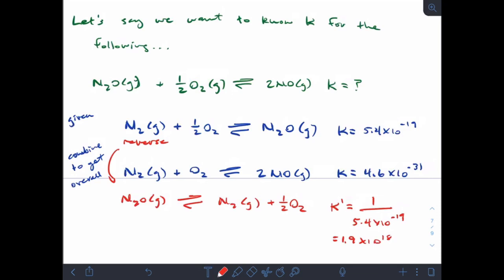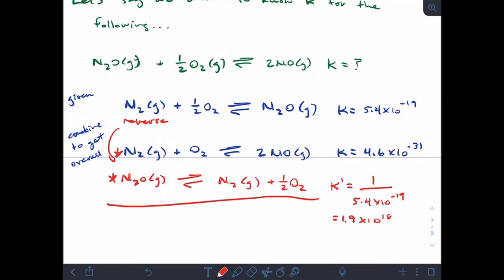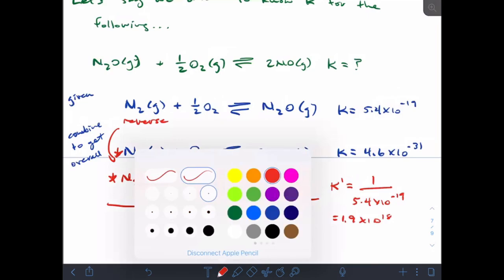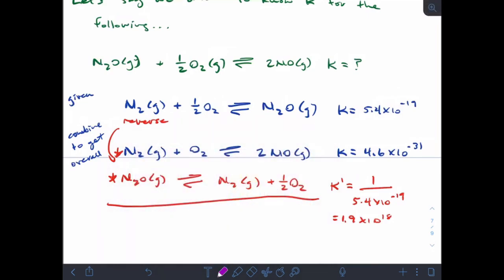Okay, so given these two reactions, let's combine them and see if we have achieved our overall reaction that we have in green above. All right, so N2 on opposite sides. Let me come to a different color so this is easier to look at. Let's do a bright one. So the N2 will cancel each other out because they're on opposite sides of the equation. Right?